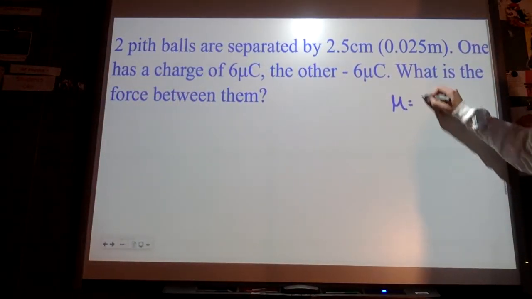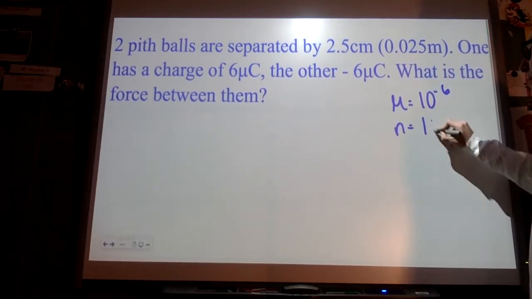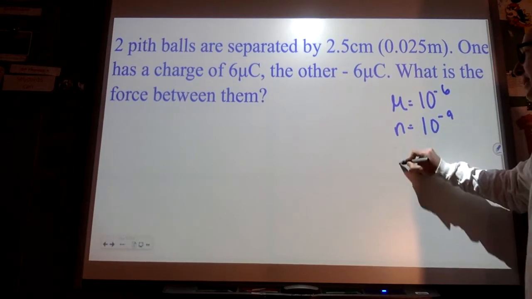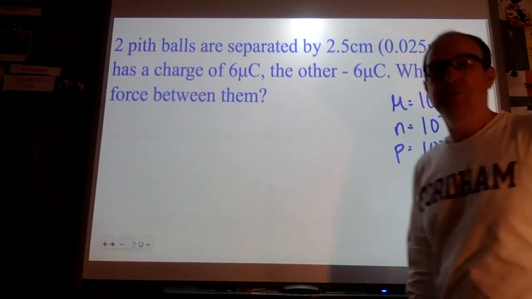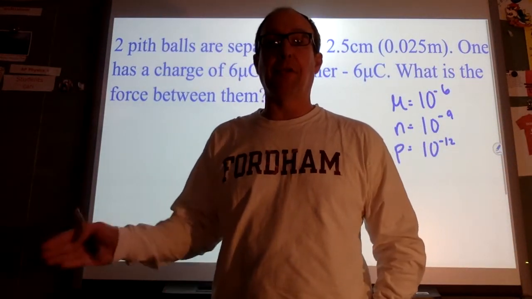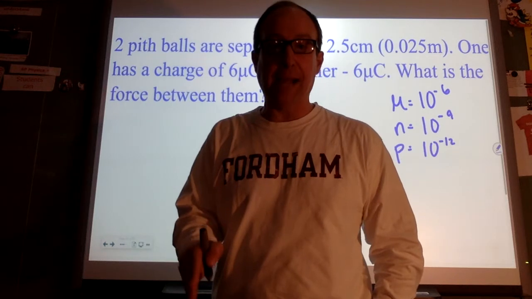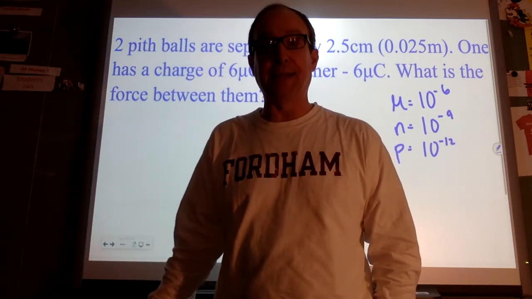If you remember, the prefix micro is 10 to the negative 6th. Nano is 10 to the negative 9th. Pico is 10 to the negative 12th. They wouldn't want you to memorize that, but you have to remember that you always have to get back to your base before you're able to solve the problem, right? So we have to be at whatever the base is.